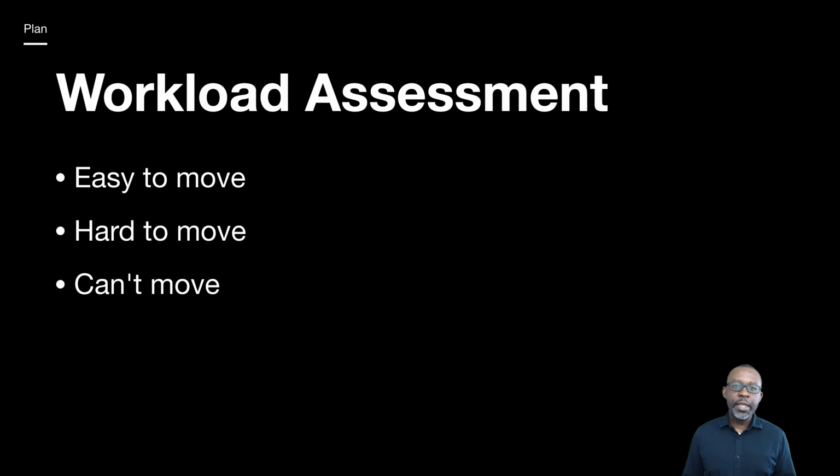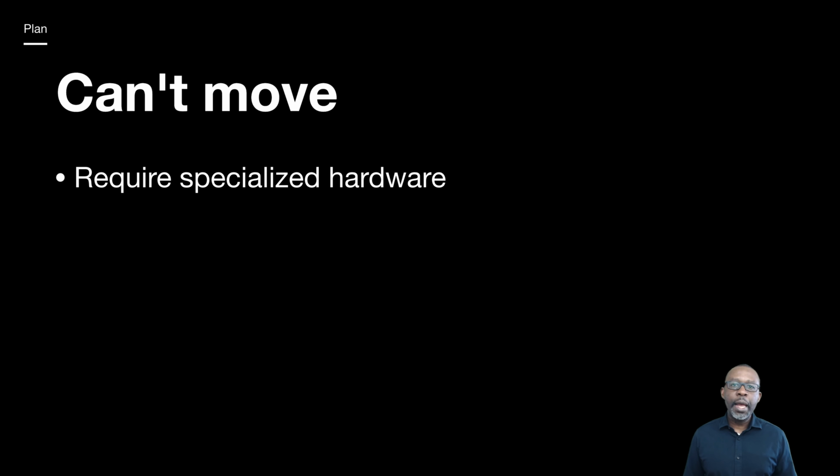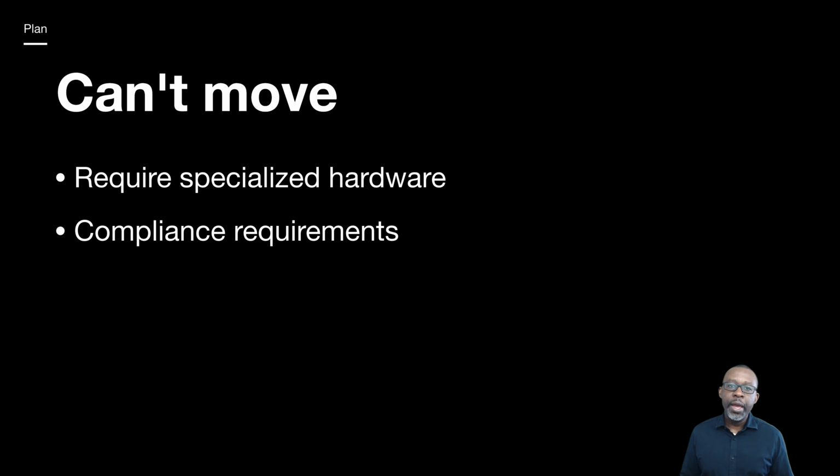Let's take a look at the types of workloads that are difficult to migrate to the cloud, if not impossible. Certain applications require specialized hardware that may not be available in the cloud, and in these instances, the applications cannot be migrated to the cloud. There are also instances where an application may have constraints.